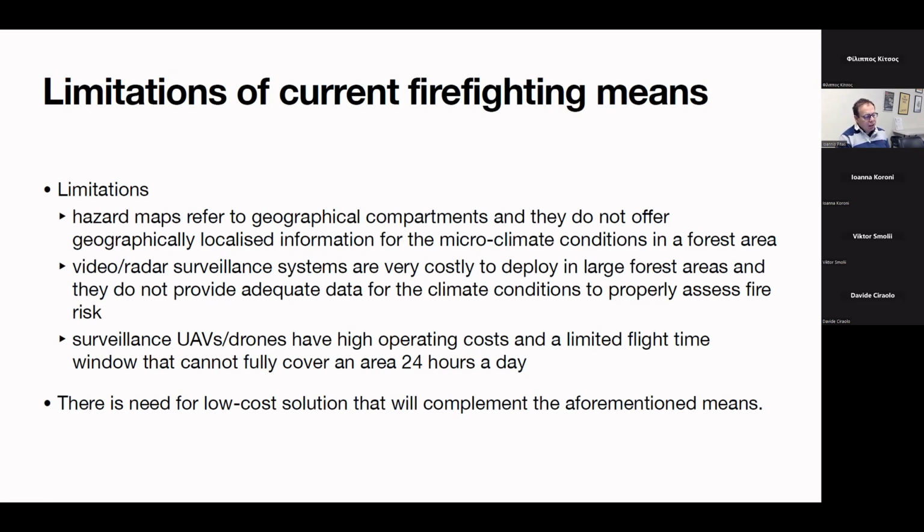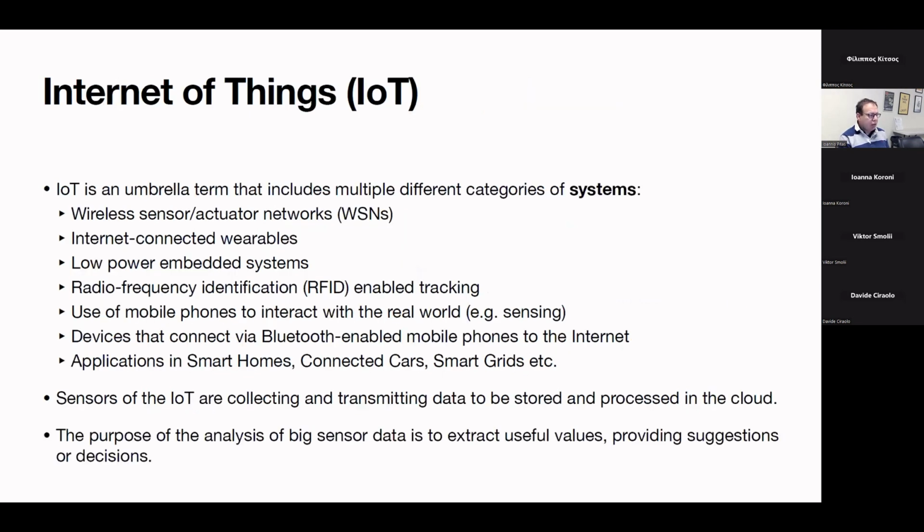What we believe is that there is a need for a low-cost solution that will complement the aforementioned means. And this low-cost solution can be provided by an Internet of Things system.